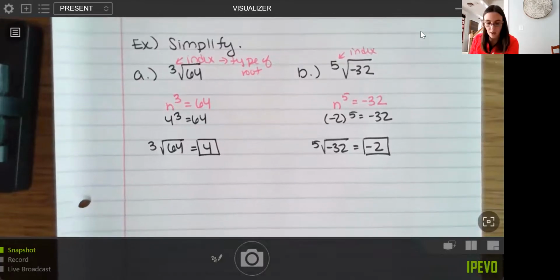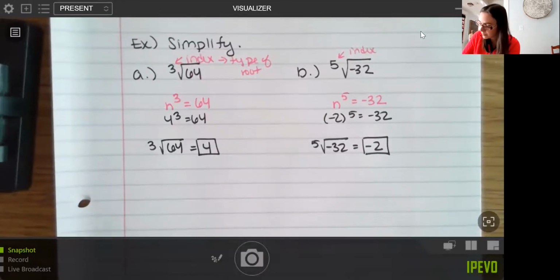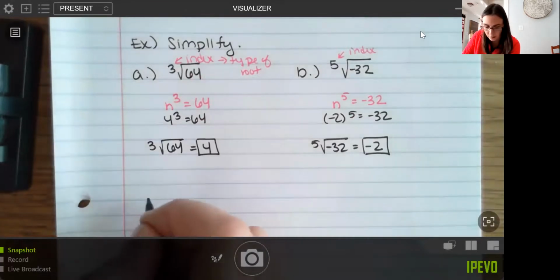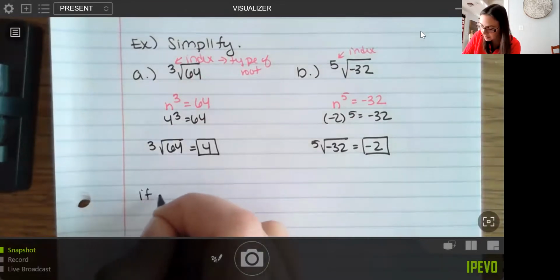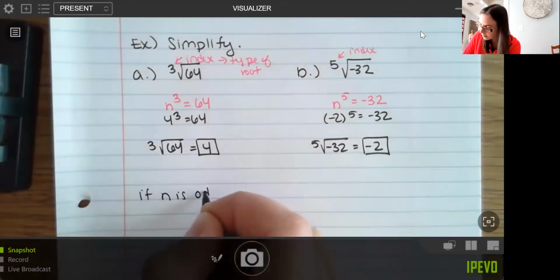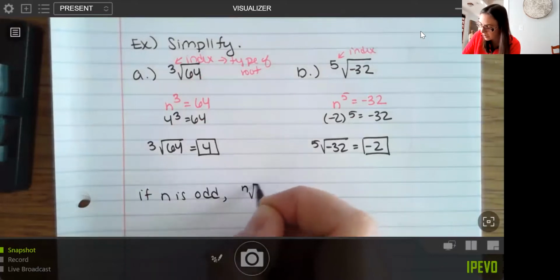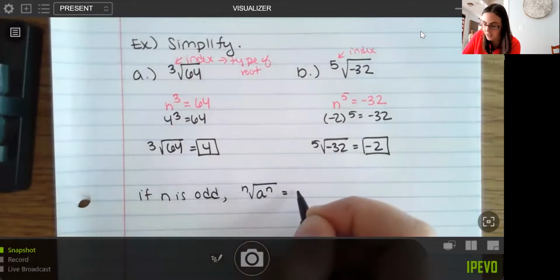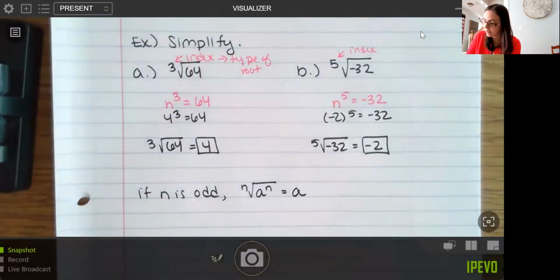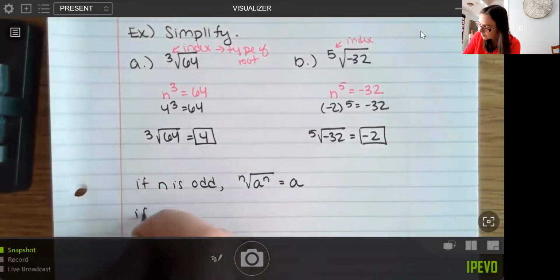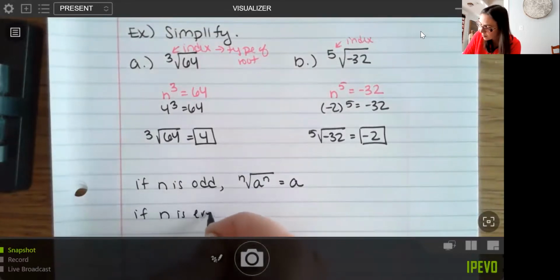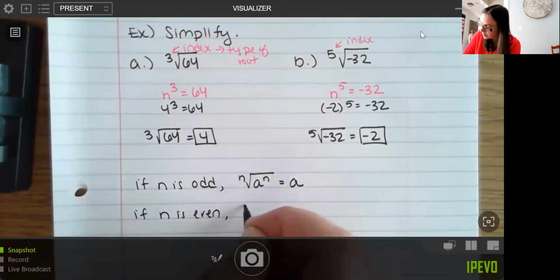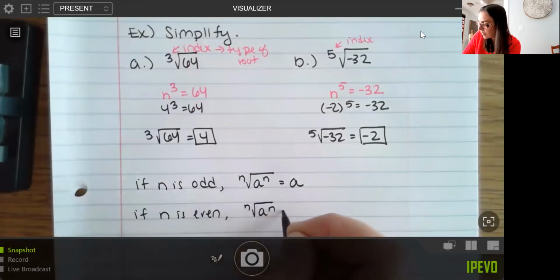Okay. Now, one thing to note: if your index is odd, then when you have the same exponent as the root, they do cancel out, so you're just left with that inside value. But if your index is even, then you end up taking the absolute value of that.